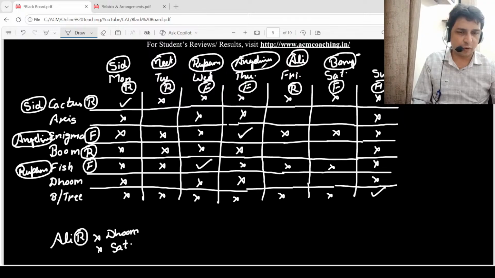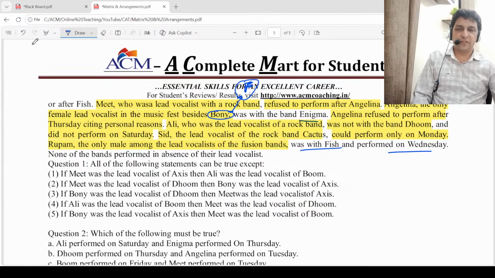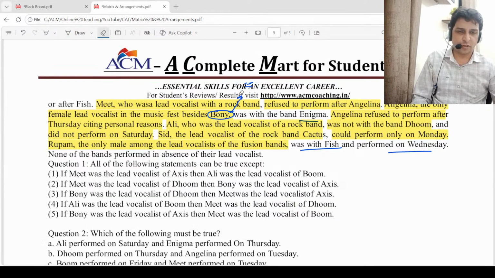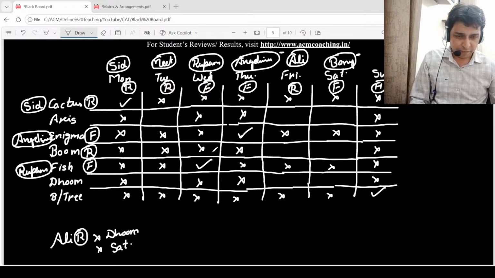There are two females, Bonnie as well as Angelina. So the information which we kept here, that also has been used. That Bonnie was with fusion, that also was taken care of automatically. So this is the information we got. Now what else is left? What else can we fill? Let's see that.